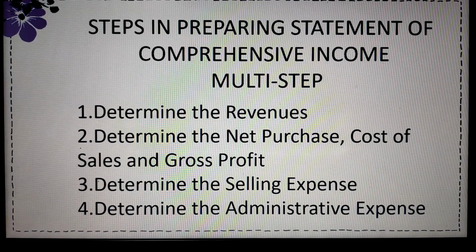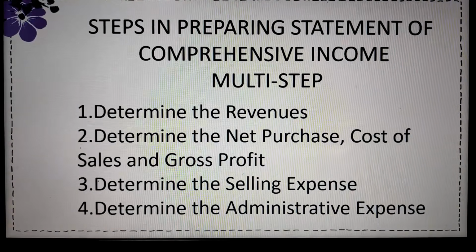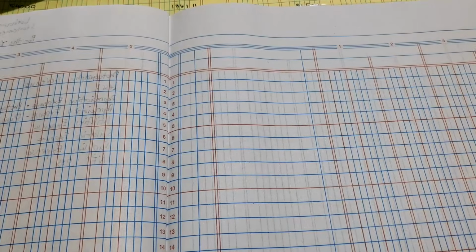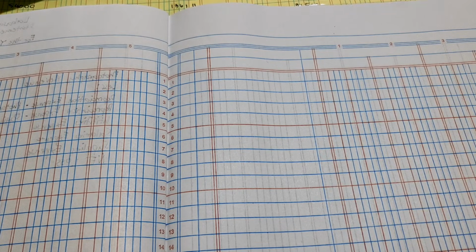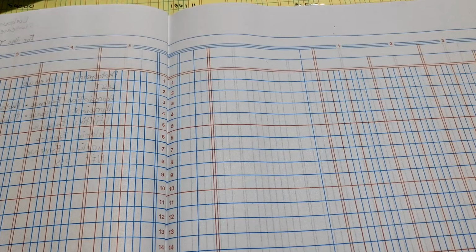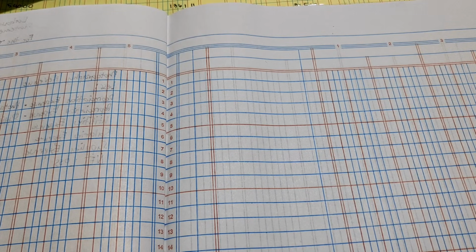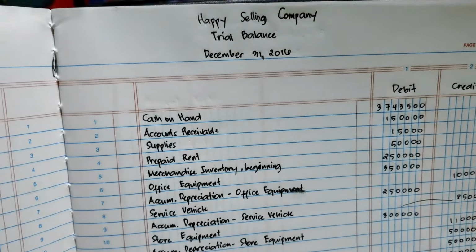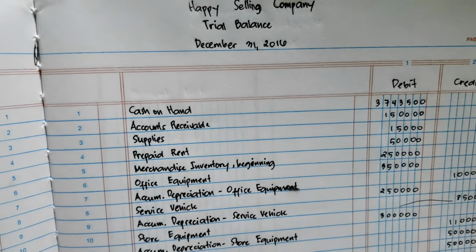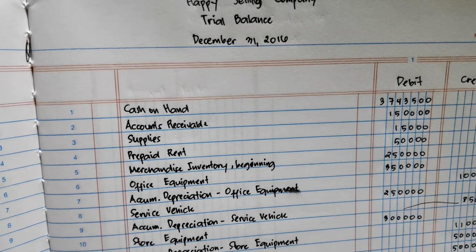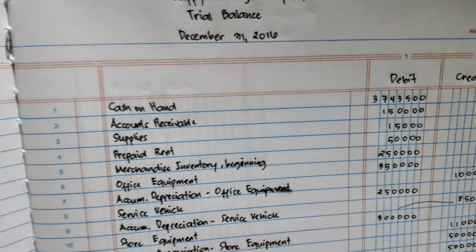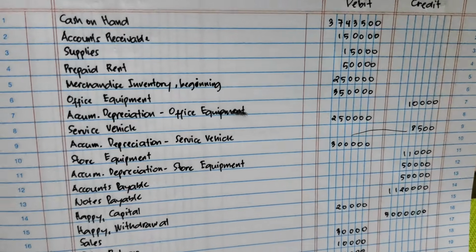Now, we will proceed to the example on how you will prepare the statement of comprehensive income multi-step. We will be using the trial balance of Happy Selling Company for the December year-end 2016. So, this is the trial balance.